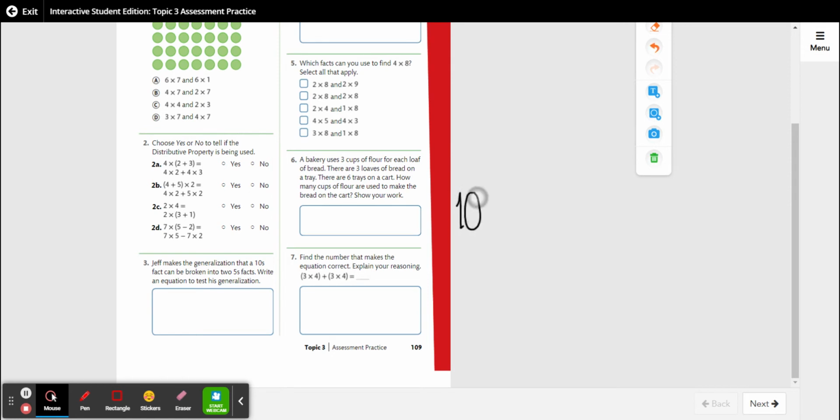So 10 times 6. Now, can I break this into two fives facts? I think so, right? I could break apart the 10 into two fives. That's pretty easy. So then I would write 5 times 6 plus 5 times 6.